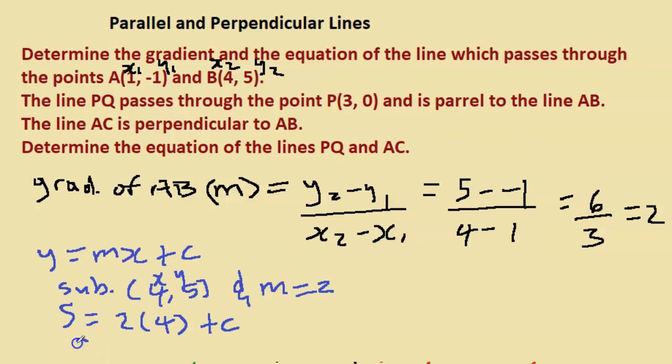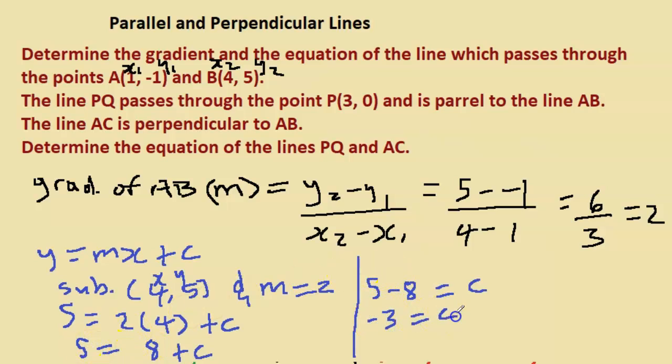So 5 equals 2 times 4, 8, plus c. So we subtract 8 from both sides. Remember the aim of the game, you want the c by itself, right? So 5 minus 8 is equal to c. So it's -3.